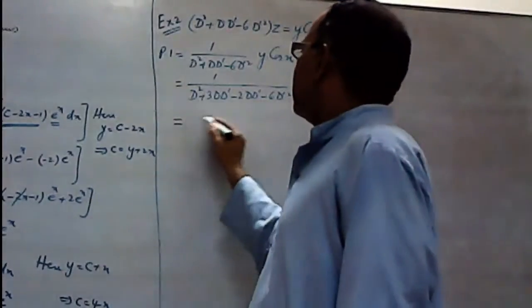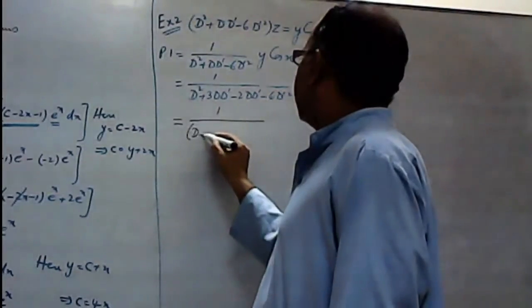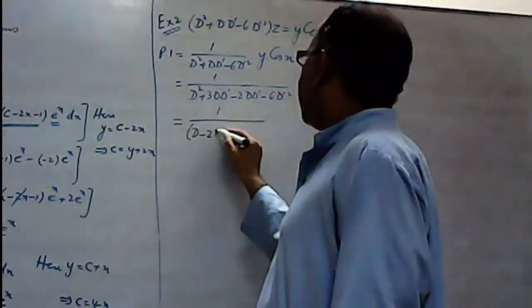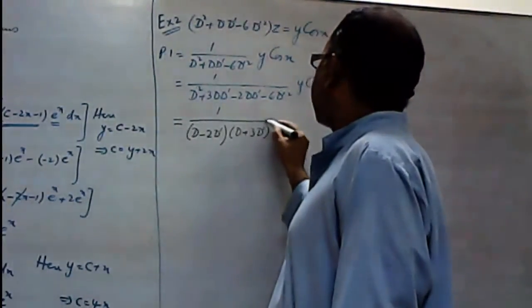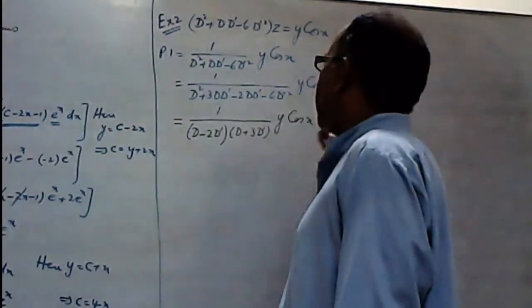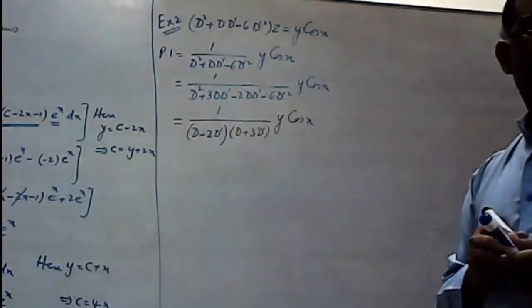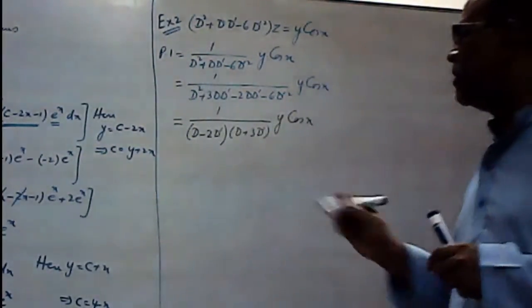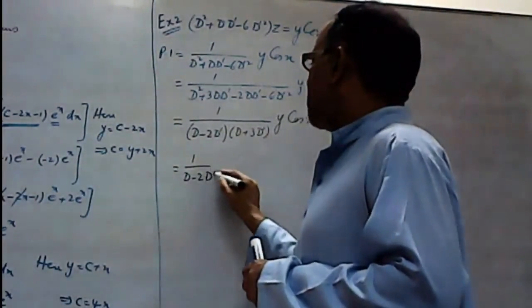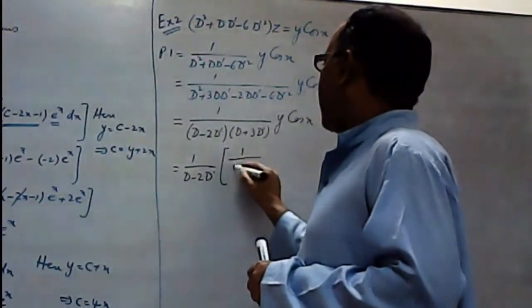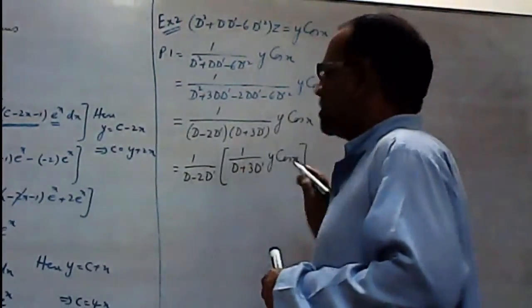It means we have factors like this: (D - 2D') and (D + 3D') of y cos x. Now again, applying each and every factor one by one. So D - 2D' kept outside and 1 upon (D + 3D') will be applied on y cos x.